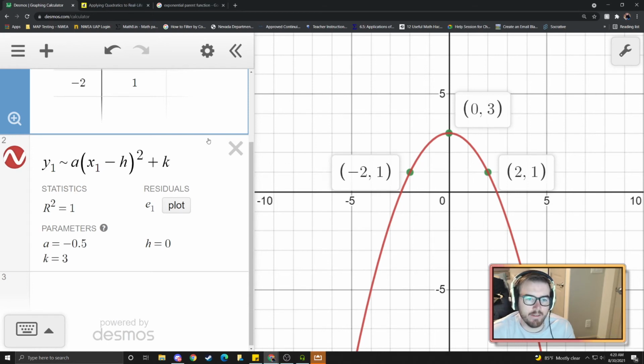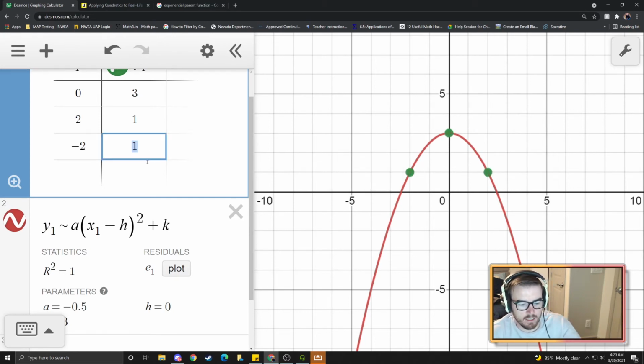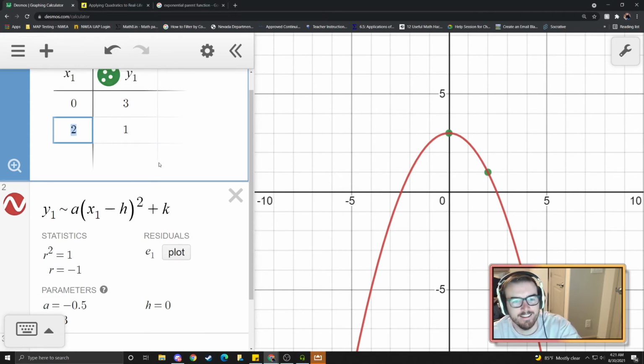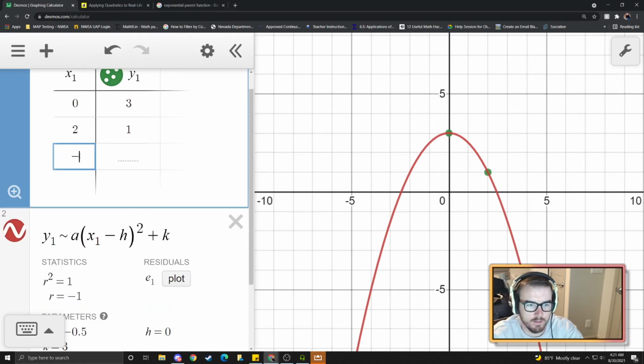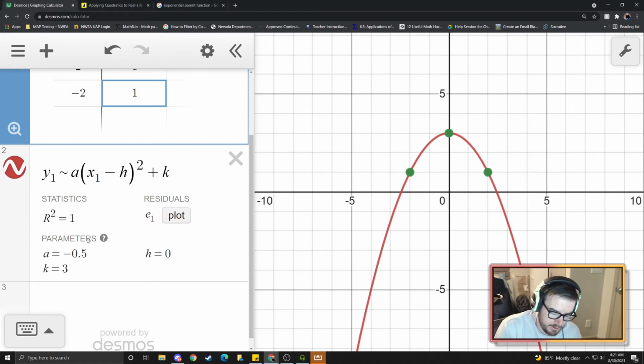So you might have to add in your own additional point to convince it that this one is the vertex instead. Again, if I get rid of this point, oh, well, now it's convinced. That's interesting. Now it's not confused anymore, but I had to type this first. That's fascinating. Okay. So here's our A, H, and K for number 2.